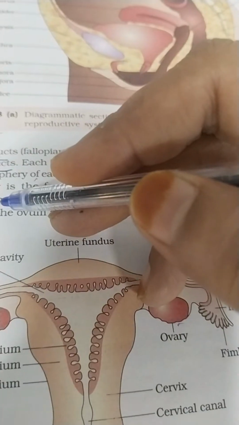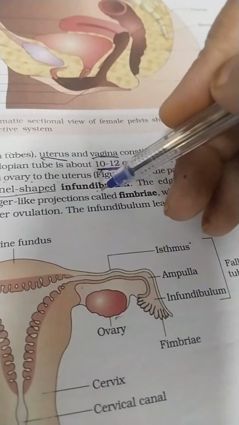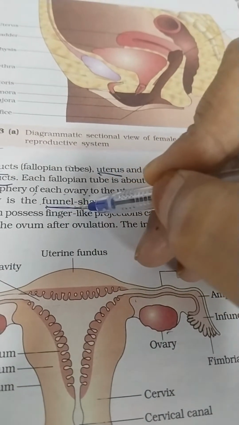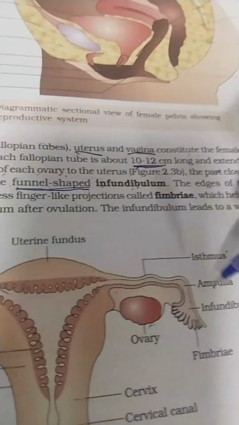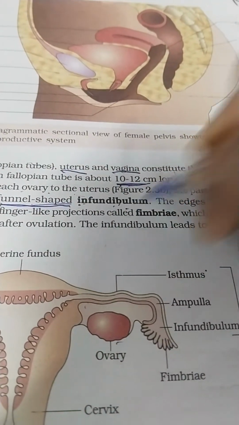The part closer to the ovary is the funnel shaped infundibulum. The funnel shaped structure present near the ovary is termed as infundibulum.